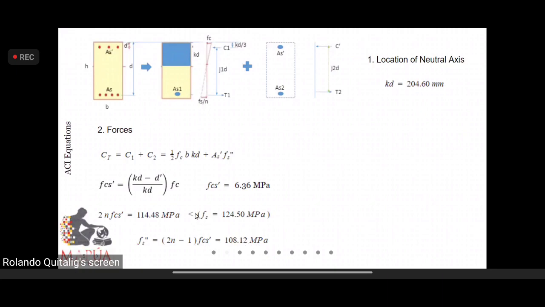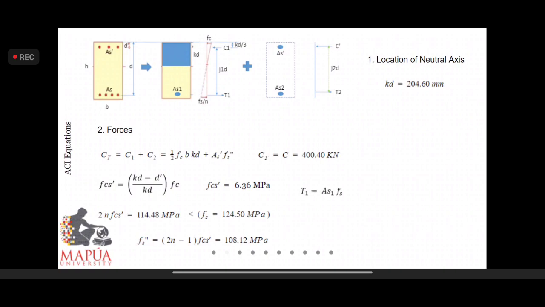If this one is greater than this one, then what we are going to utilize for fs double prime is the difference of fs and fcs prime. Then with those given and computed parameters, we can have total C, or C sub T, or uppercase C, which is equal to 400.4 kilonewtons.